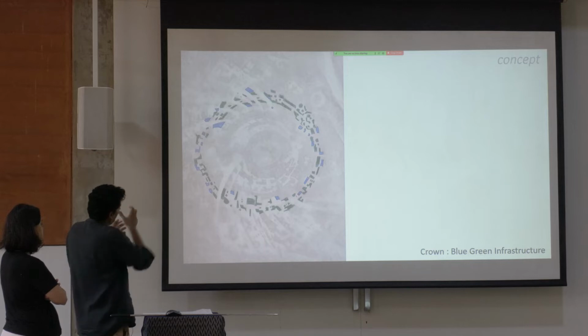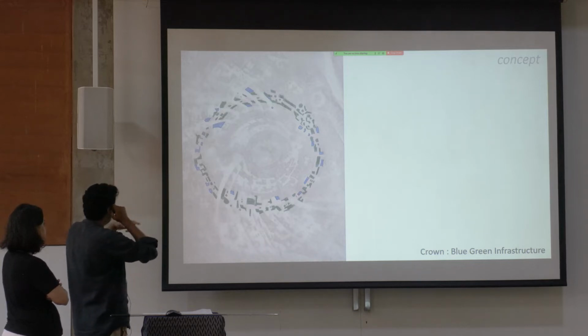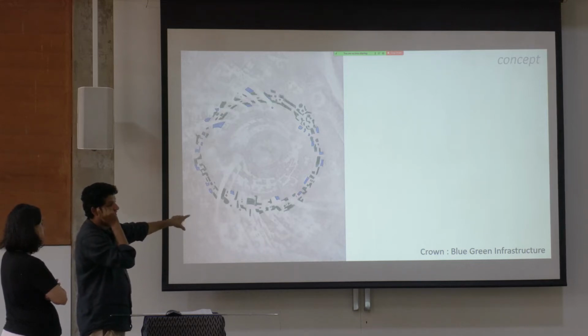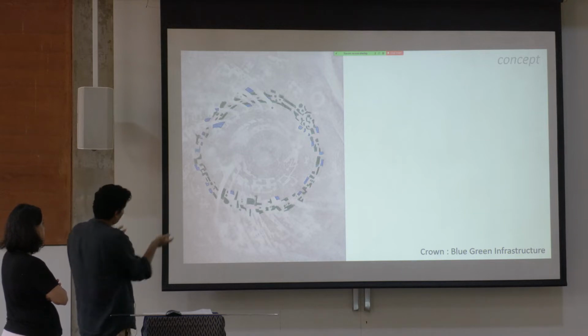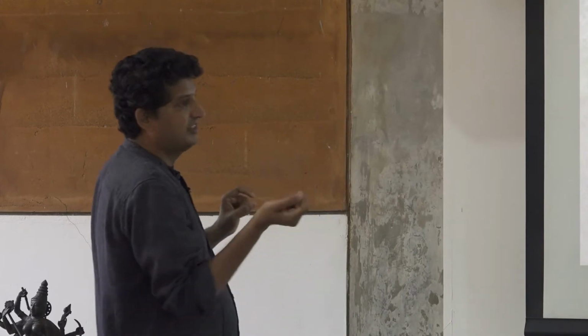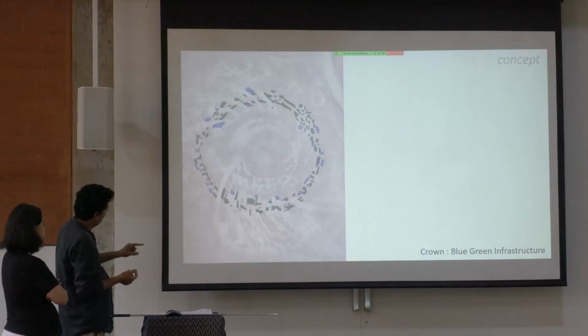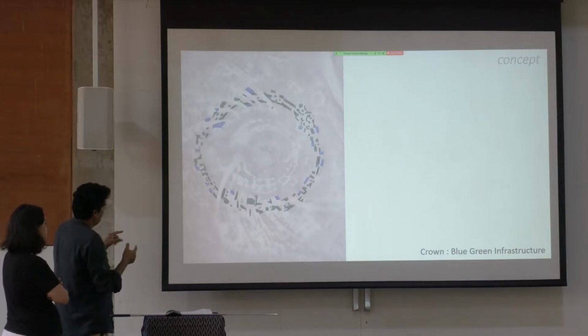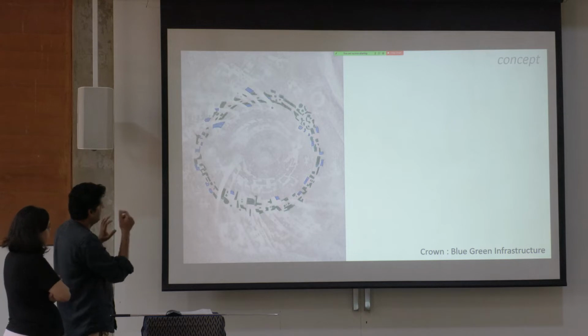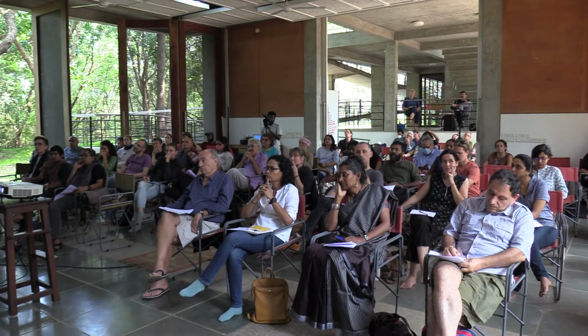The buildings, of course, are an extra layer, but these hold the whole thing together. And this is something we can do now. We don't need to wait for the money for the buildings to come. You can almost experience the crown today if we do something like this, and actually imagine the buildings also, which might come 20 years down the line.